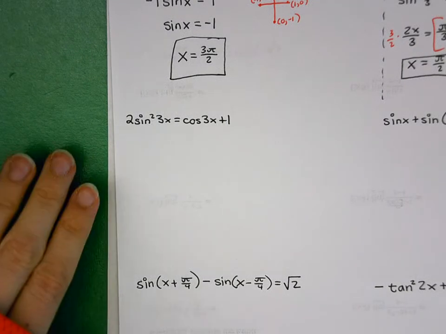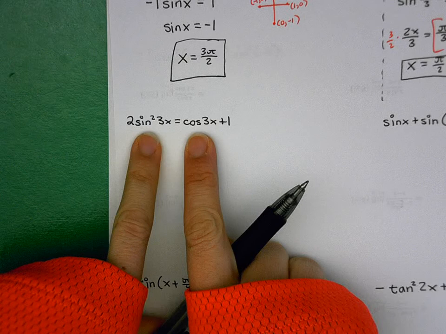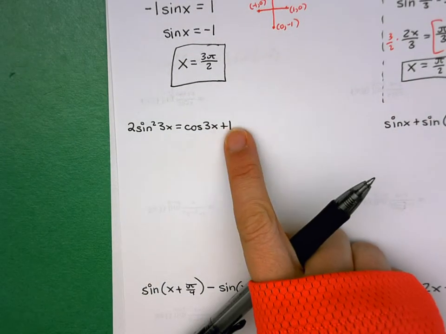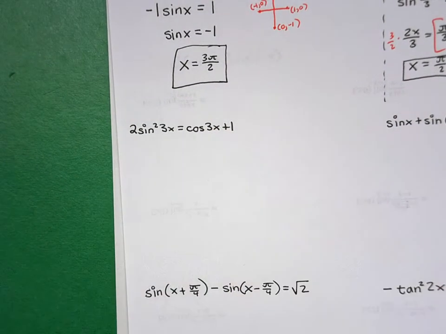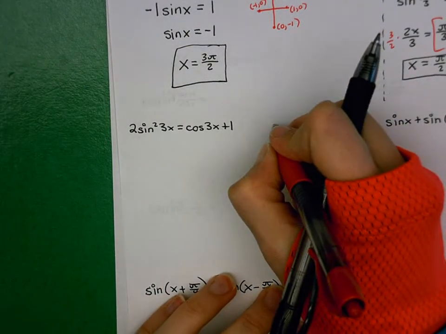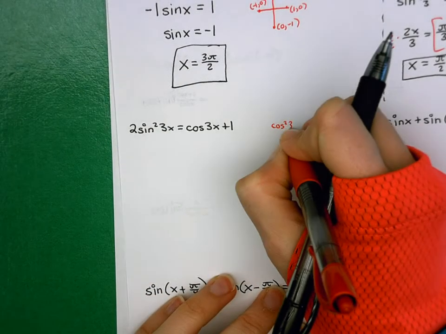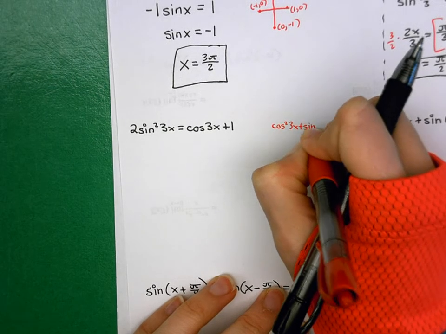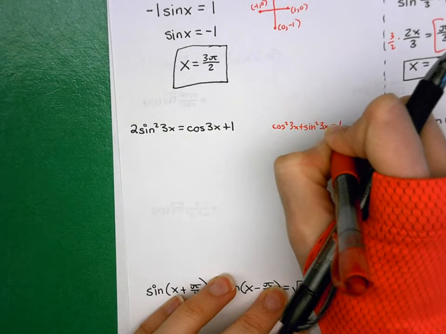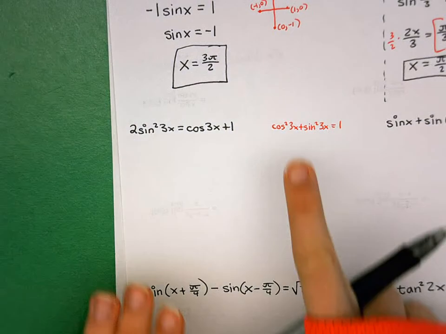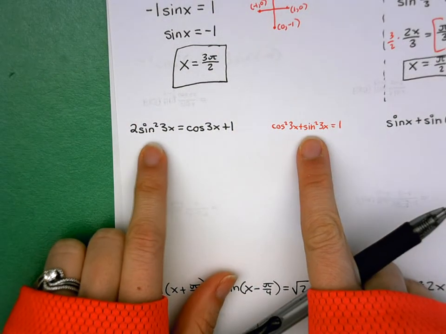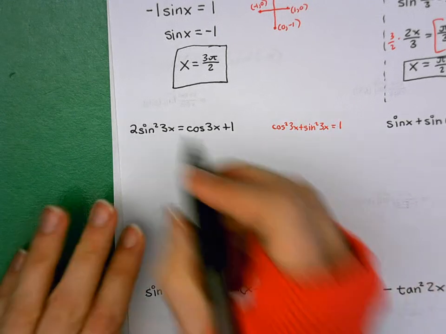We have mixed cosine and sine here with a +1 on the outside, one squared, one not squared, so we're definitely going to need to do some sort of substitution here. In this case, we are going to be using our cosine squared plus sine squared equals 1 rule. Which means this sine squared here would be the same thing as 1 minus cosine squared.